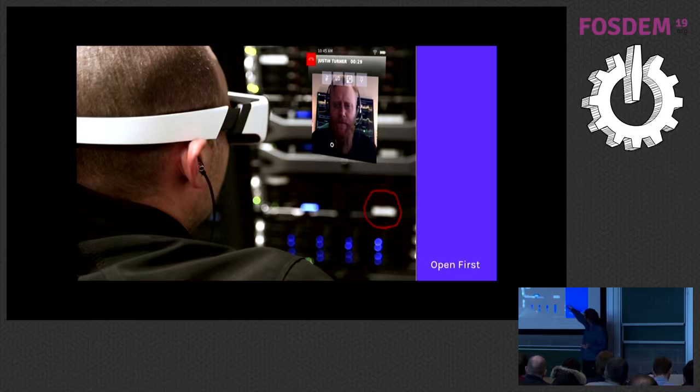He can actually draw on the reality, saying, don't push this button, or pull out this hard disk because it's broken, because I'm sitting here in front of my computer with all of the information. Or he's maybe a specialist who can tell him how to repair a very expensive bit of engine or piece of equipment, and the user might not have training on it, but they can communicate much more easily, and a much higher bandwidth of information can go through. And this is actually the DAQRI hardware, so if you were at XCC last year, you had a chance to try it out.